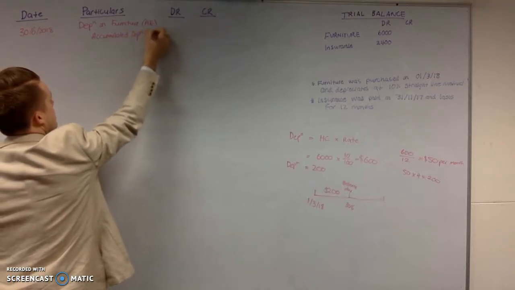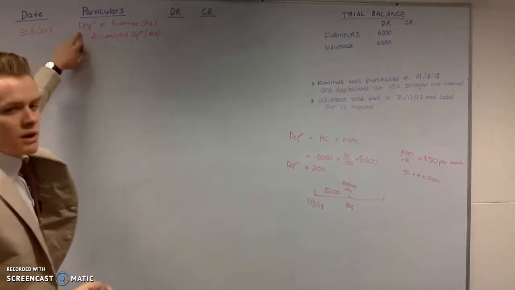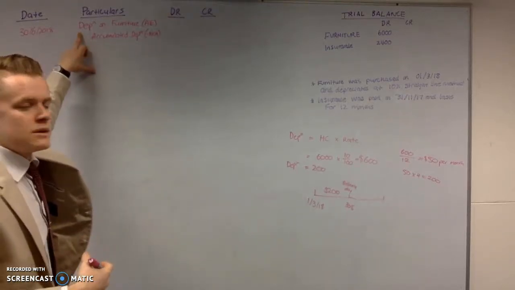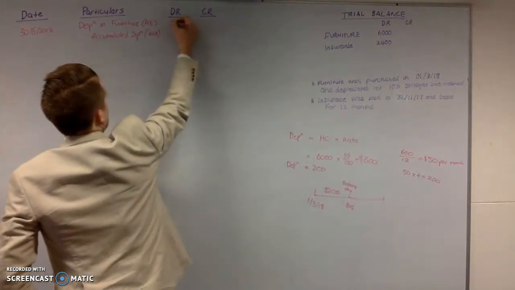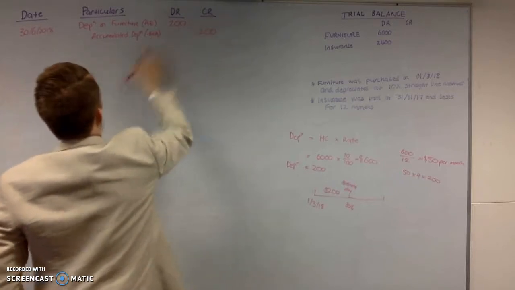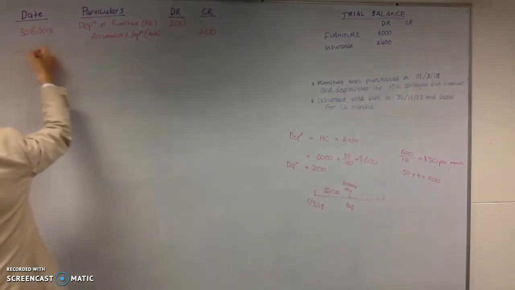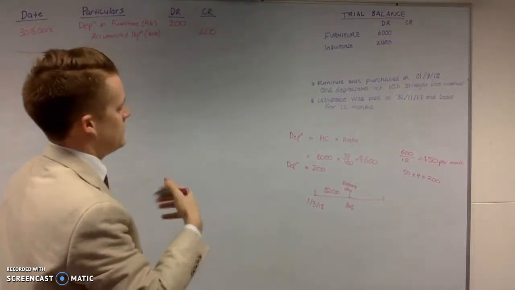That's the negative non-current asset. Now, remember with these ones, it's always going to be in this order because the depreciation expense will always be the debit entry. So it's just the $200 and then 200 on the credit side for the negative non-current asset. You can draw a line across that one. That's done. All right, now we'll do the second one.